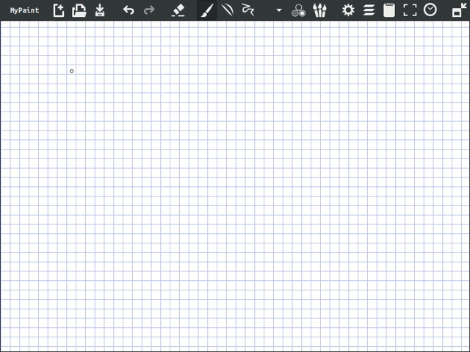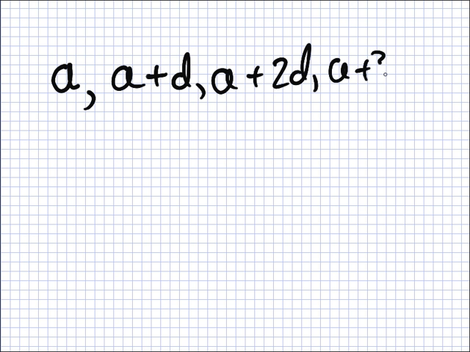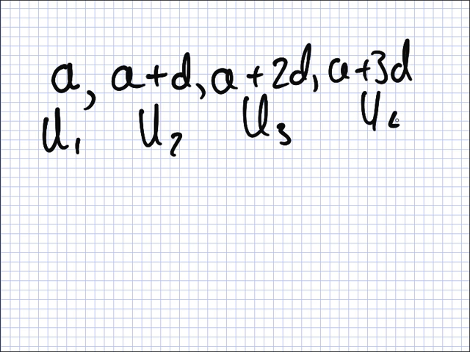So, if we have an arithmetic sequence, the first term is going to be A. What would be the second term then? A plus D. And the next one? A plus 2D and A plus 3D. Now, if you call the first term U1, and this is U2, U3, and U4, if you look at the pattern here, I think you can figure out what the formula is for the nth term.